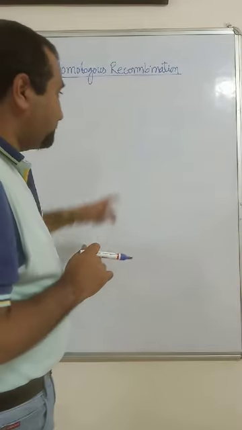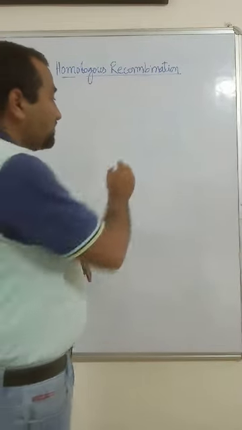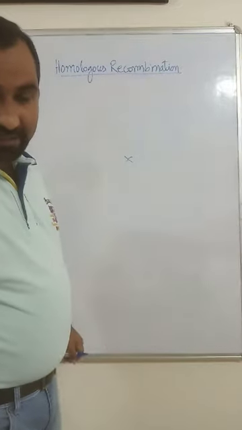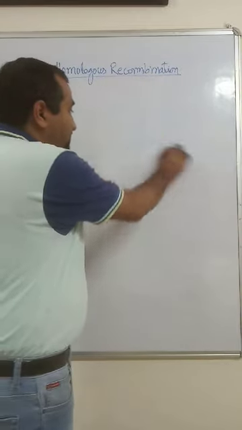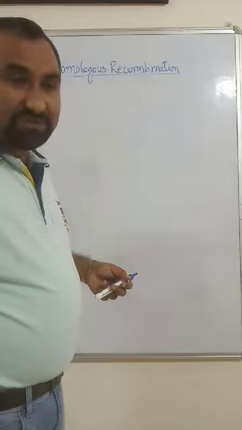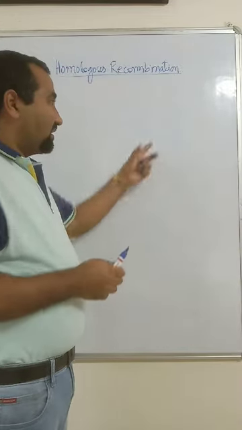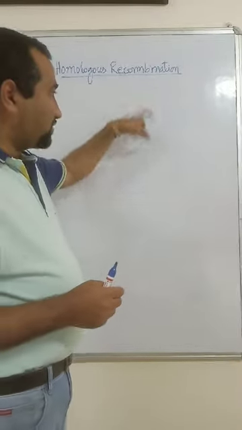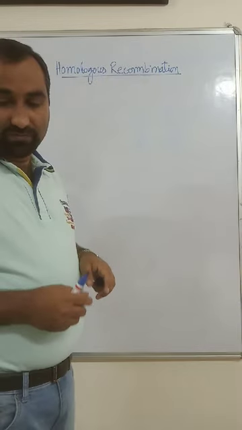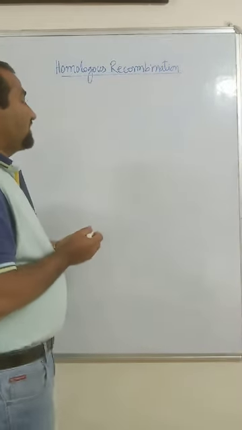So the copy choice model was rejected, since synthesis of new chromosomes does not take place in S phase for the production of recombinant chromosomes. So another theory came.